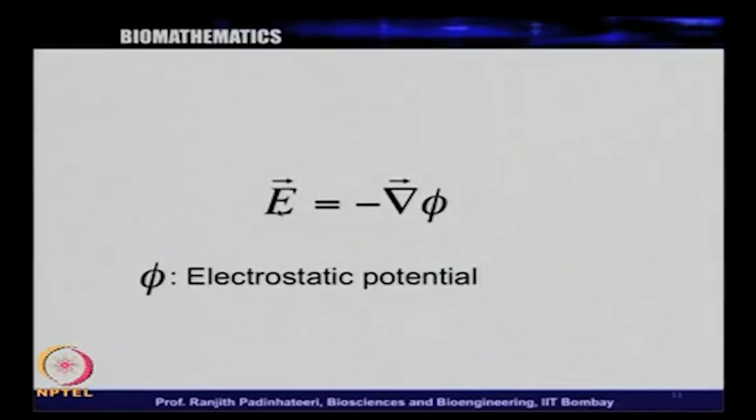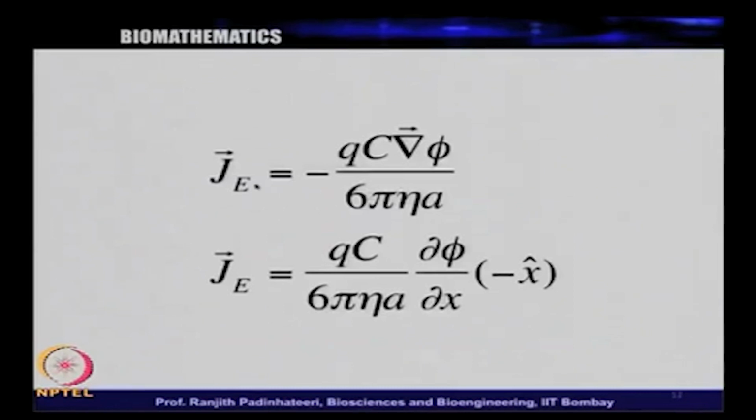Now we can substitute this E in the J_E we had. We said that J_E is q c E by 6 pi eta a, and for the electric field, wherever we see it, we substitute minus del phi, and del phi is d phi by dx along x cap.